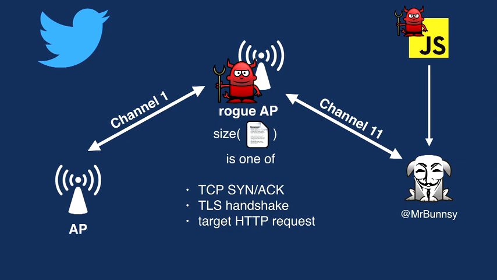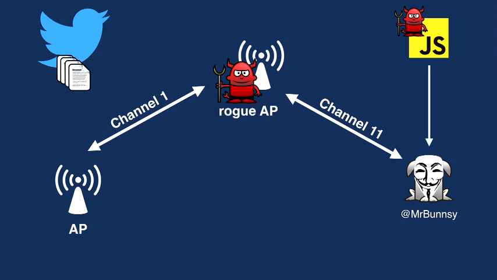So if this packet is of one of these sizes, he will forward it to the access point, which will in return send it to Twitter. Twitter will then generate the response, send it back to the access point, which will forward it to the attacker, the rogue access point.